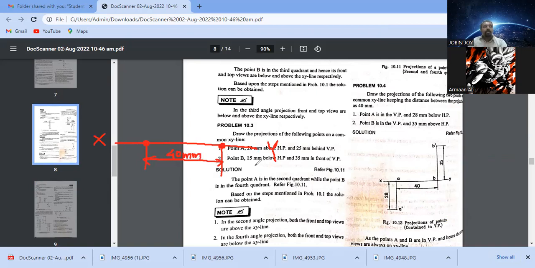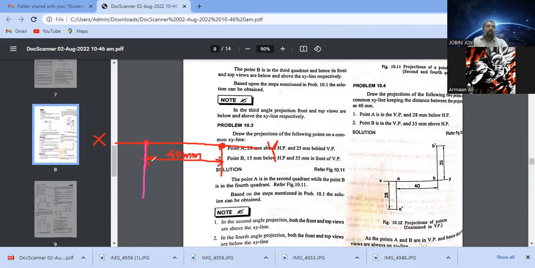Then you have to draw the front view and top view of point A and B. First, the front view and the top view of point A.